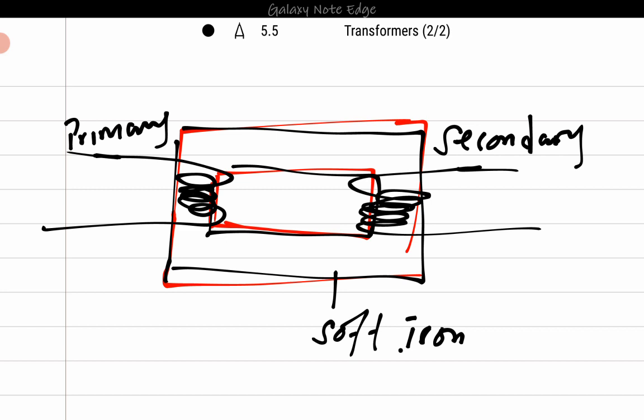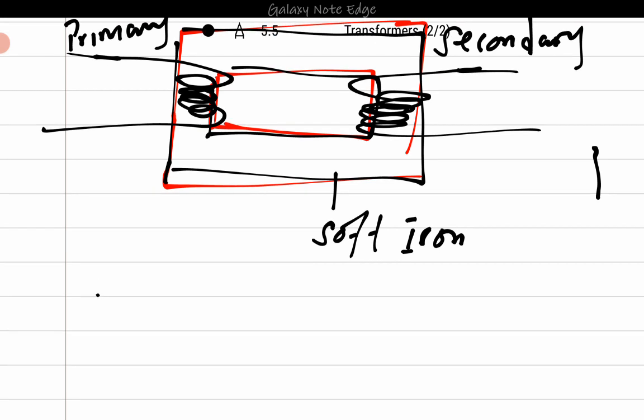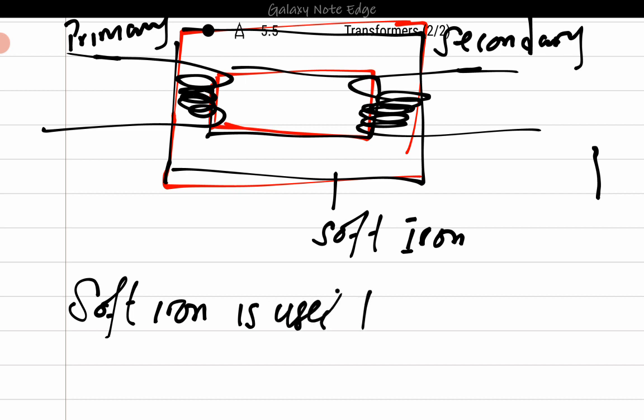So one may ask, why is soft iron used in making a transformer? So we can say soft iron is used because it is easy to magnetize.